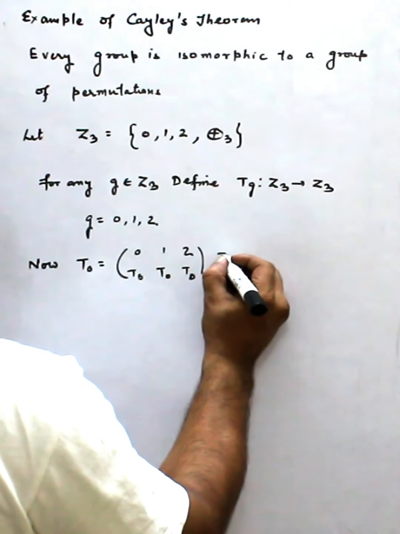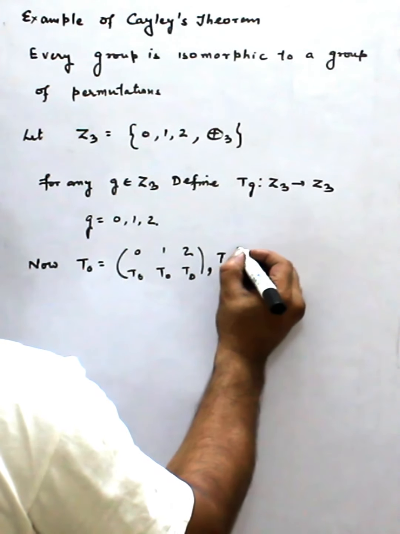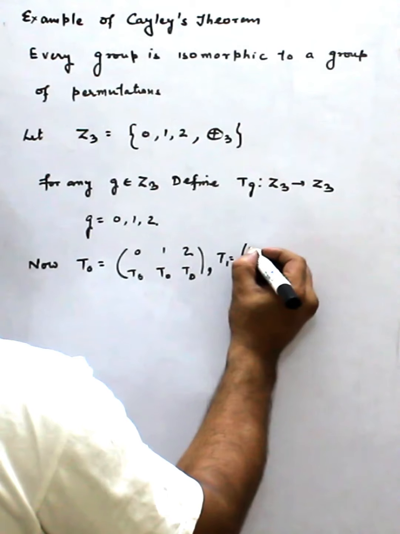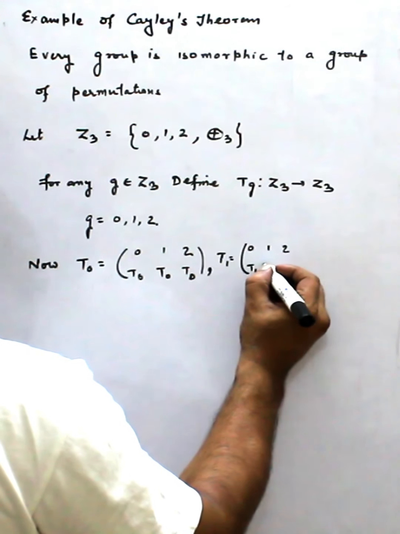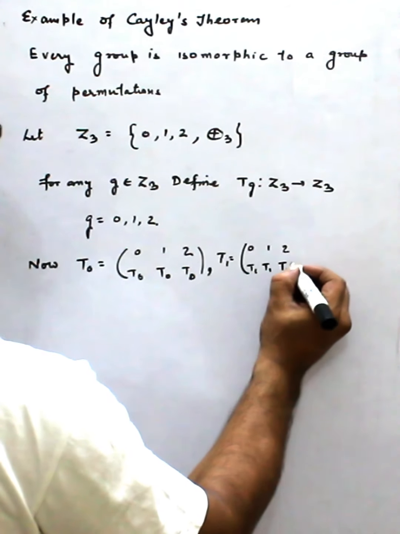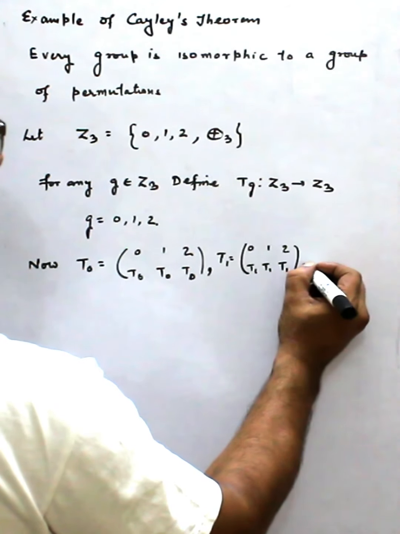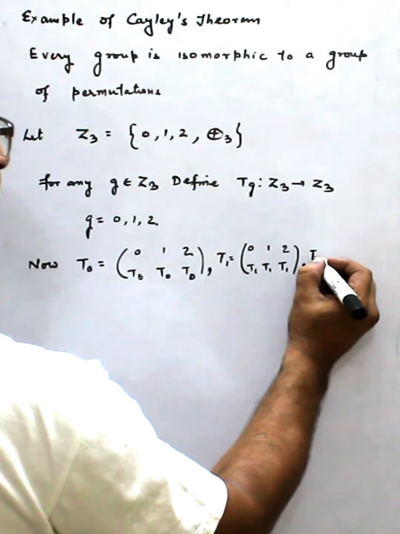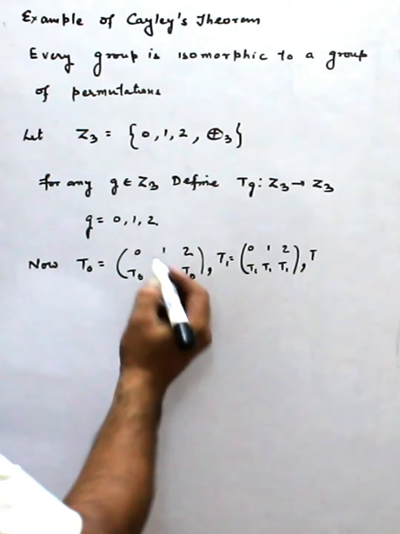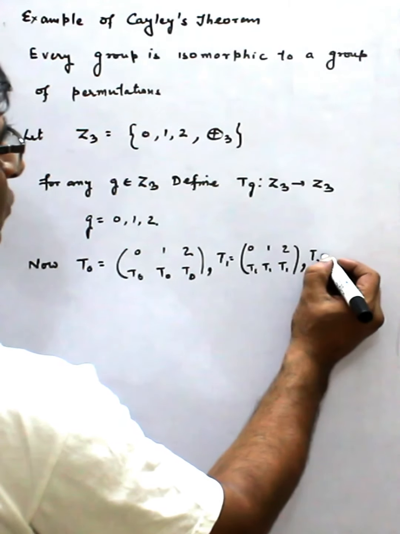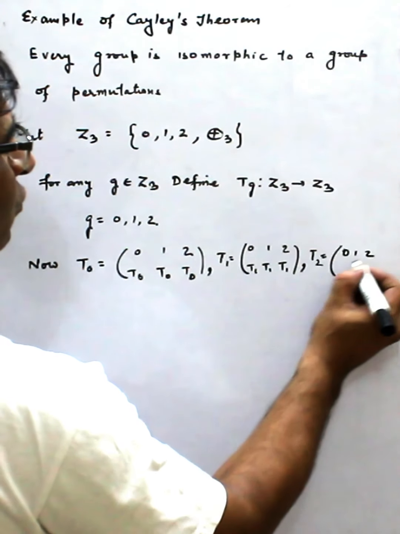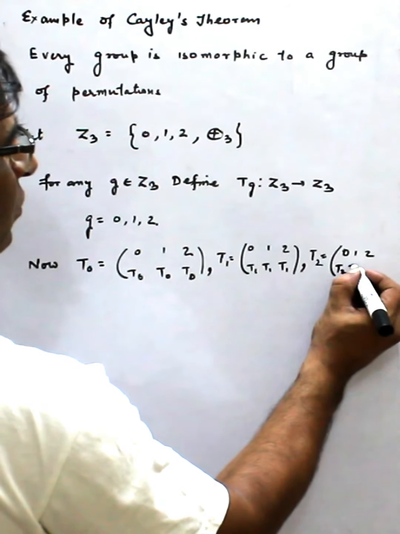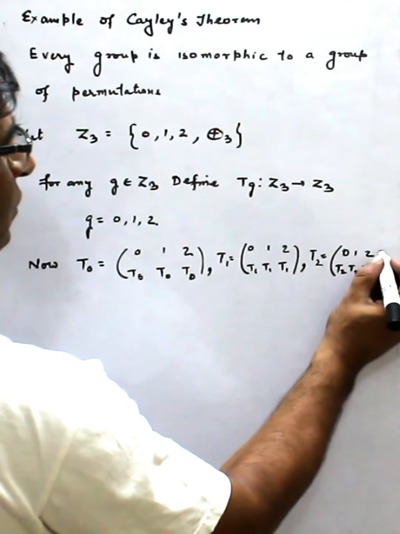Similarly, T1: 0, 1, 2, T1, T1, T1. And the third element I can define, because g can take only 3 values, is T2, and this is 0, 1, 2, T2, T2, T2.